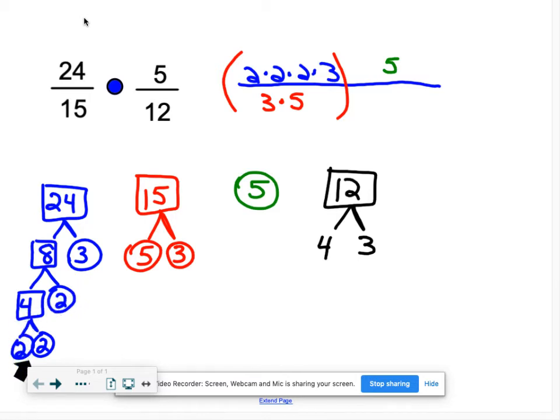It prime factors into 2 and 2. So we're then going to put those prime factors into the denominator of our new fraction.